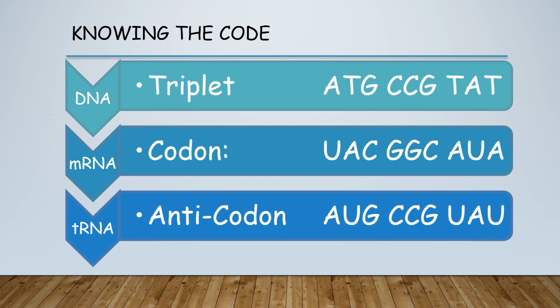You might start to see a relationship between the triplets on DNA and the anti-codons on tRNA. They're pretty much the same, with the exception of U's on my tRNA where I have T's on my triplets.